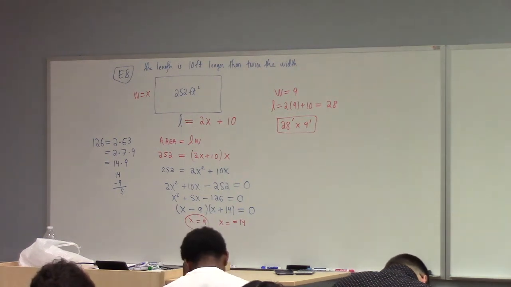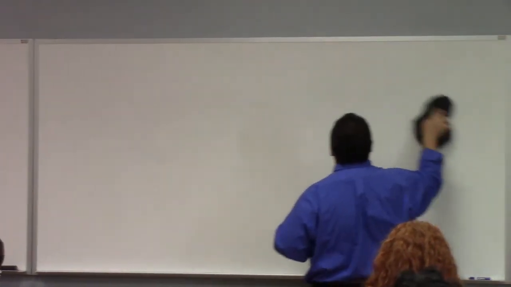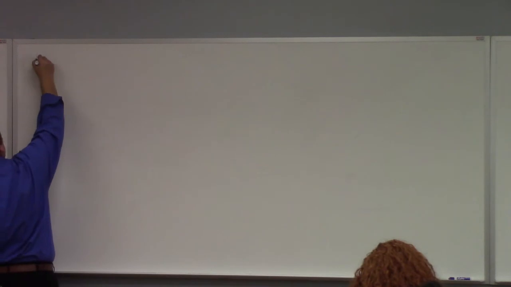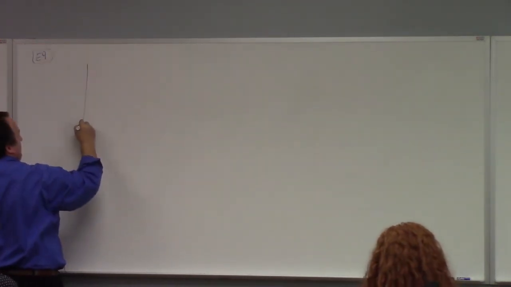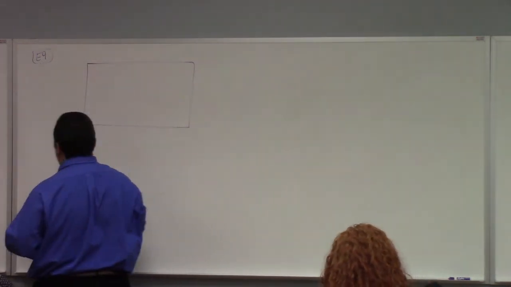All right. The next problem, I think, is honestly, to me, more challenging. So let's look at it together here. Example 9. So you got a room, and the dimension of the room is given.